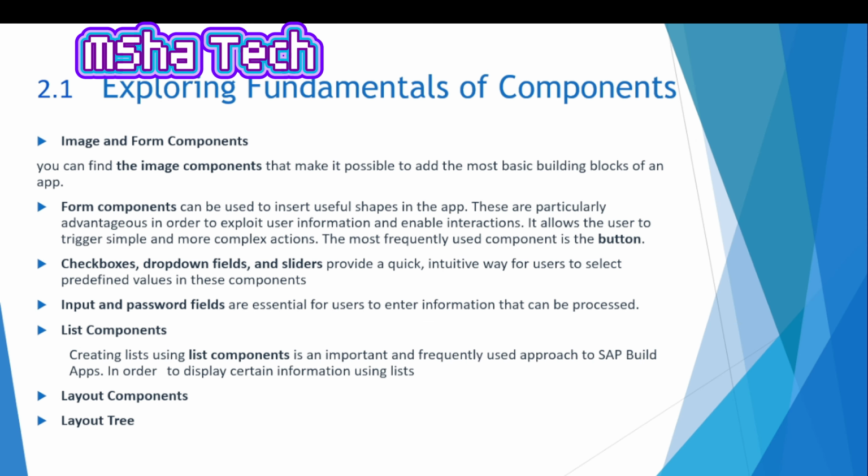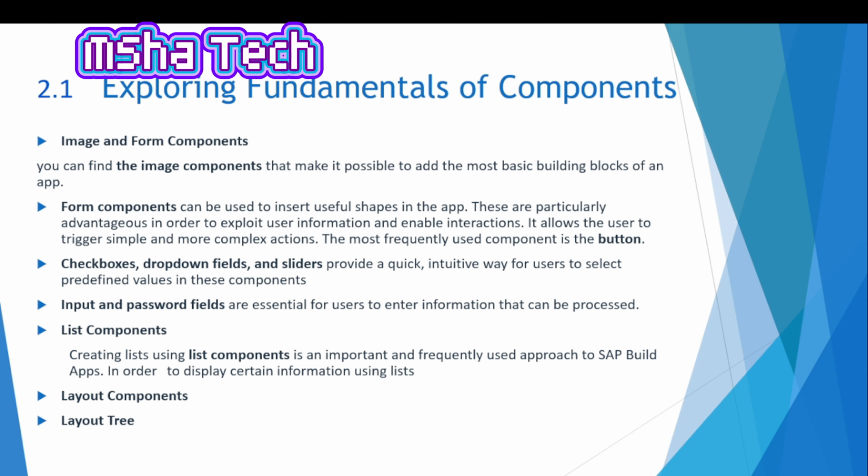After checkboxes, there are the input and password fields. Input and password fields are essential for the user to enter information that can be processed. It means any input which the app wants, then the app will perform some action and give the desired result.